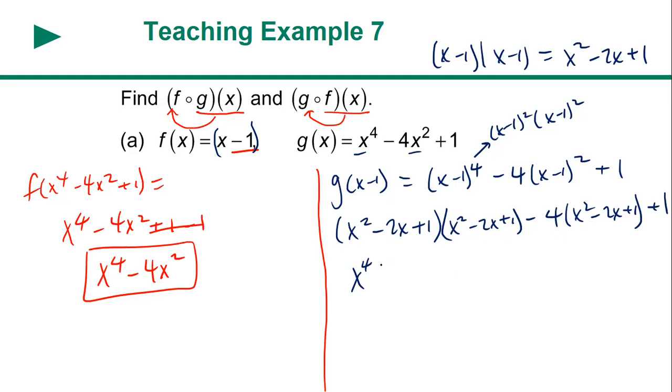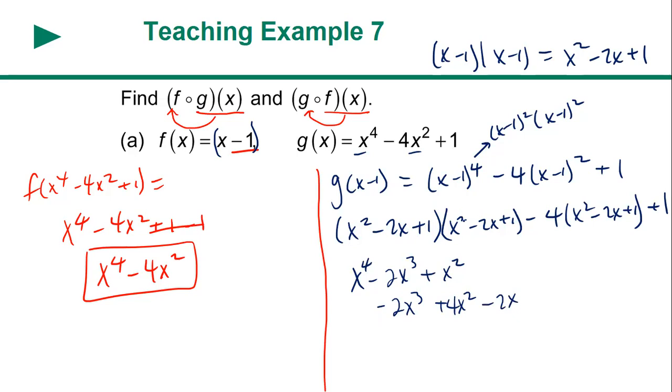So x squared times x squared is x to the 4th. X squared times negative 2x is negative 2x to the 3rd. X squared times 1 is x squared. Now I'm going to do negative 2x times x squared is going to give me negative 2x to the 3rd. Negative 2x times negative 2x is 4x squared. And then negative 2x times 1 is negative 2x.